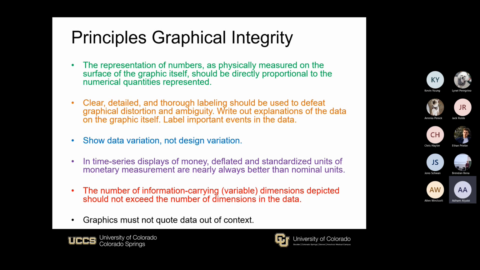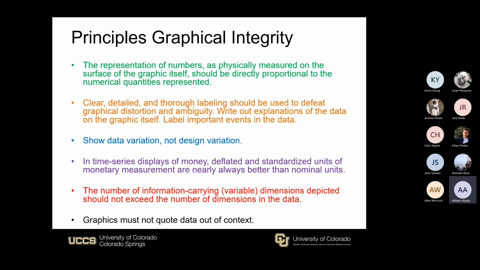So what we put in here is first, the representation of numbers as physically measured on the surface of the graph itself should be directly proportional to the numerical quantities represented. Then the second point is clear, detailed, and thorough labeling should be used to defeat graphical distortion and ambiguity.